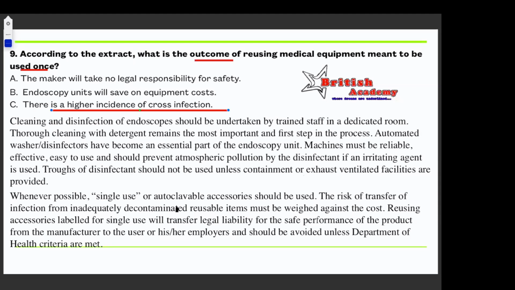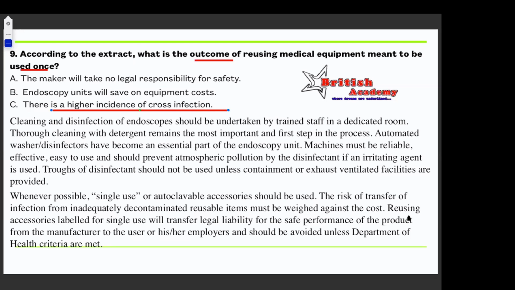Whenever possible, single-use or autoclave accessories should be used. The risk of transfer of infection from inadequately decontaminated reusable items may be weighed against the cost. Okay, inadequately decontaminated reusable items can be considered, but for the people who are taking option C, there is higher incidence of cross infection. Where does it say there is incidence of cross infection? Nowhere.